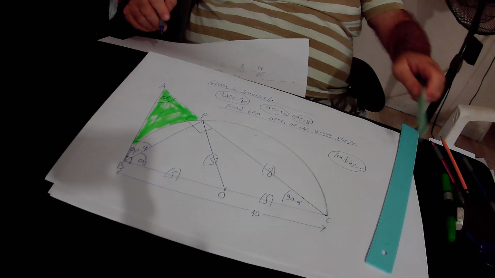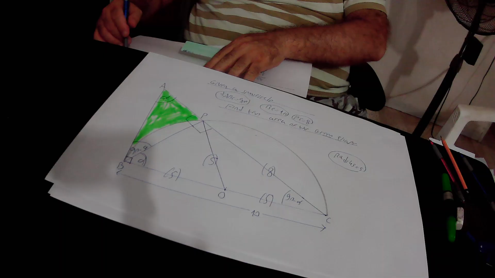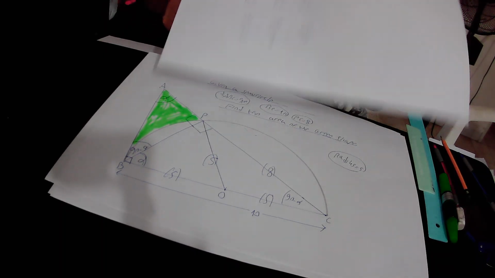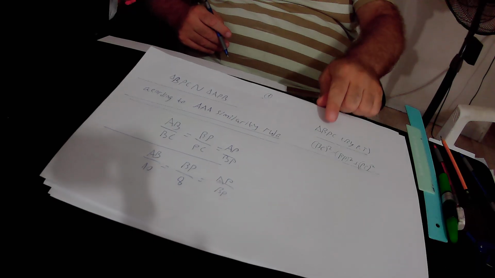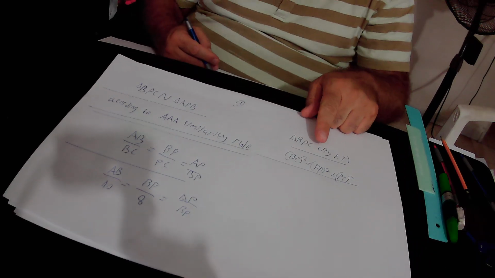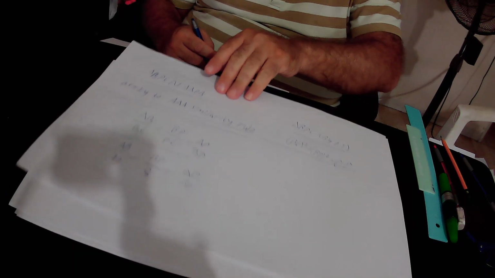So repeat again, in this right triangle BPC, according to the Pythagoras theorem, BC squared, that is the square of the hypotenuse, equals BP squared plus PC squared.